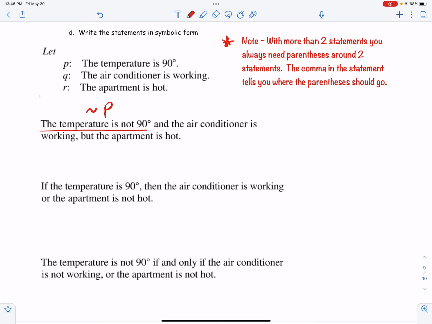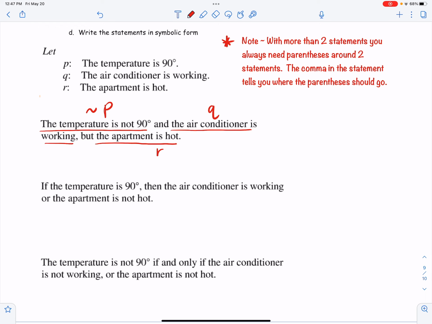Now the next statement says the air conditioner is working. That's exactly statement Q, no negation. And then the last one, the apartment is hot. Again, that's no negation. That is the exact statement R.